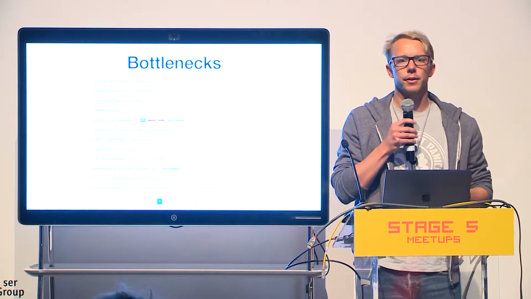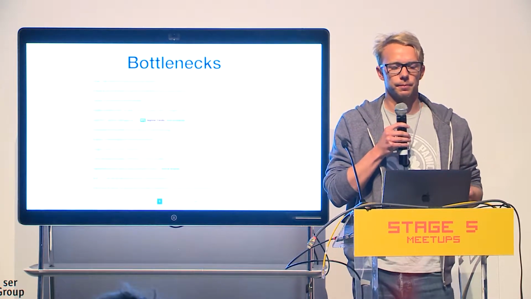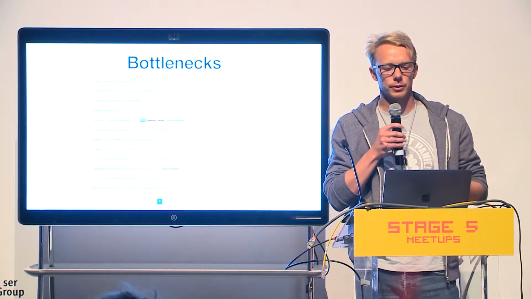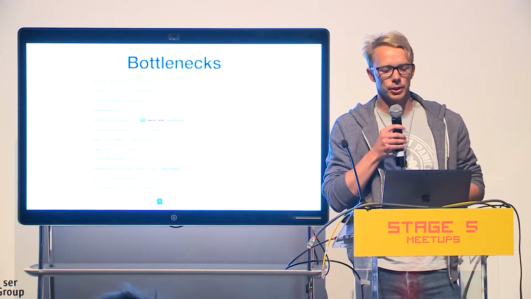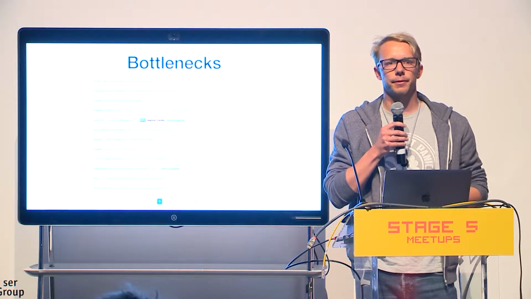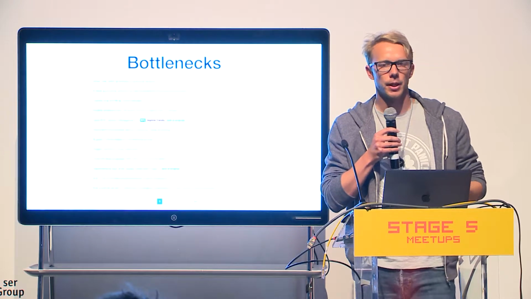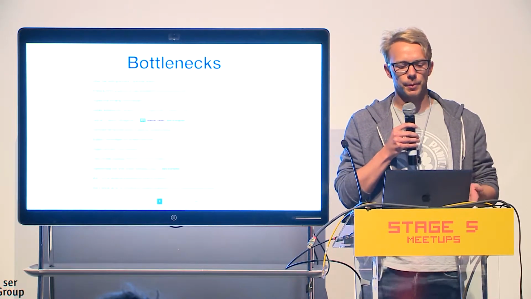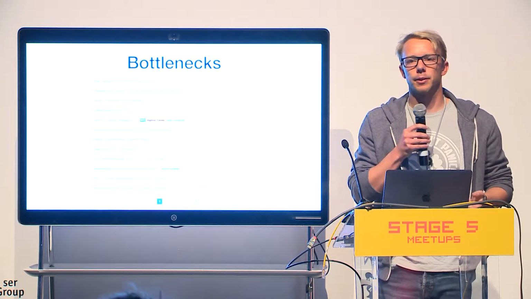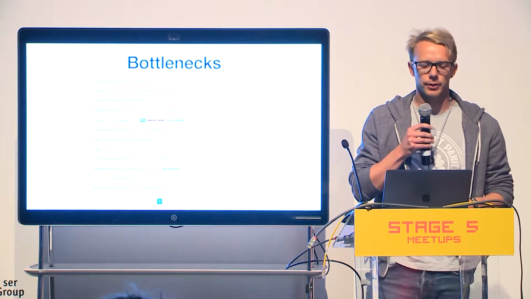In the slide here, there's a screenshot of the GitHub pull request page, and we can see that we have 6 pages of pull requests. So 50 pull requests per page times 6, it's around 300 pull requests open.